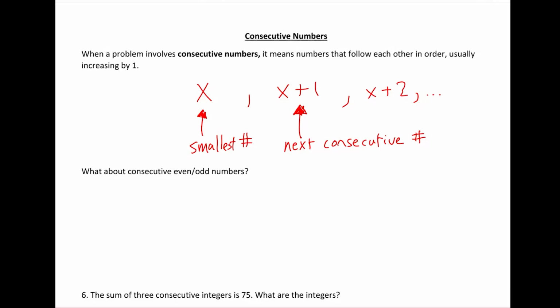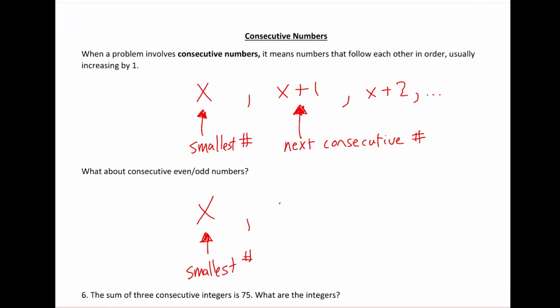But whether you're talking about even or odd numbers, they're always going to be separated by one number that's missing in between. So if we're talking about even numbers, for instance, and the smallest number is x, to get to the next consecutive even number, from 2 to 4, instead of adding 1, you'd add 2. So if the smallest number is x, the next consecutive even number would be 2 more after that.